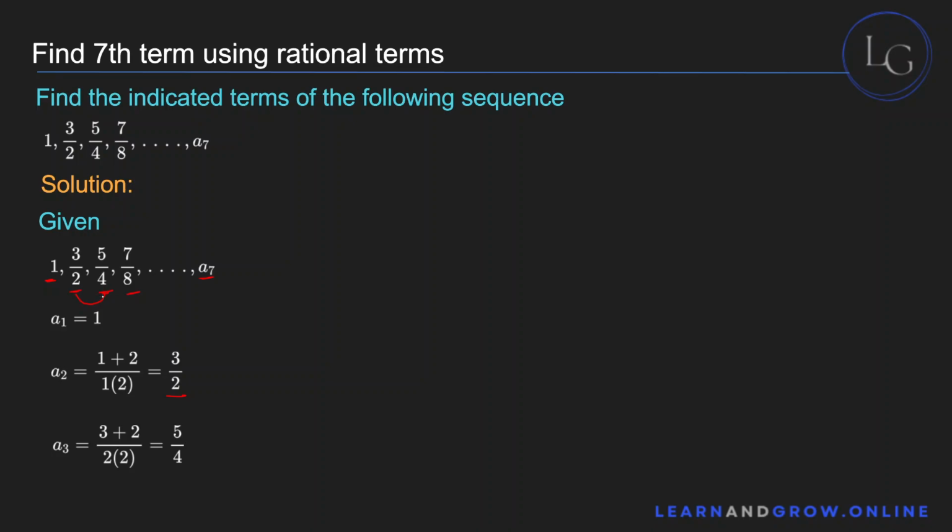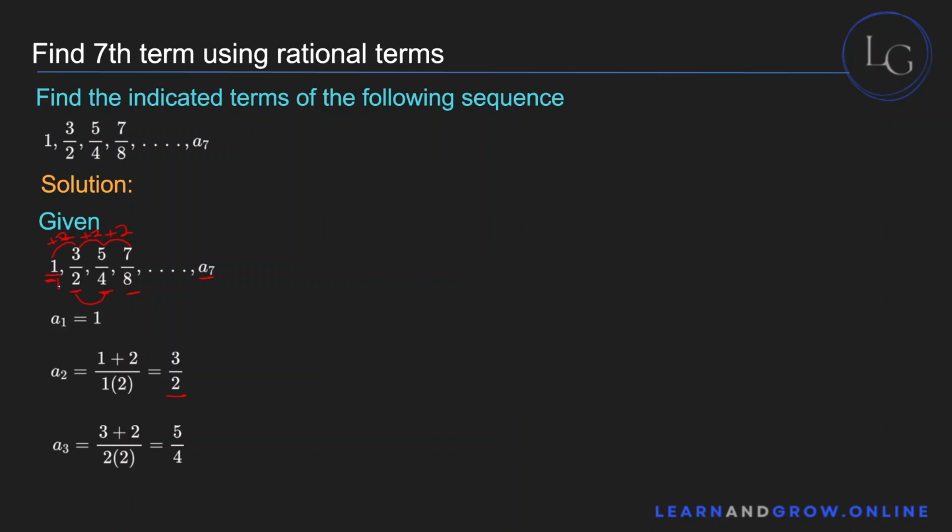For the numerator, you can clearly see that it's being added up by 2. 1 plus 2 is 3, plus 2, plus 2. So that's how the numerators progress. And in the denominator, we'll treat 1 as 1 by 1.